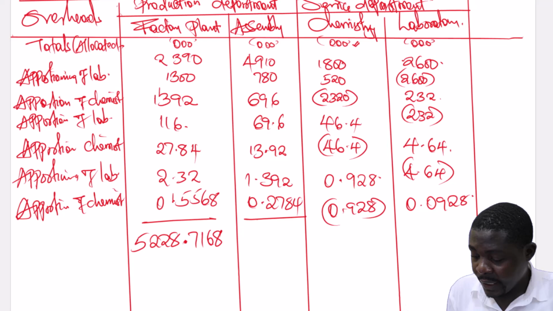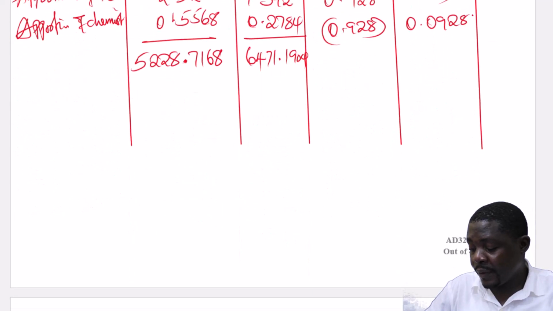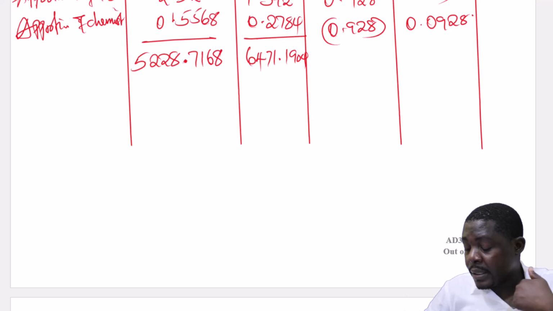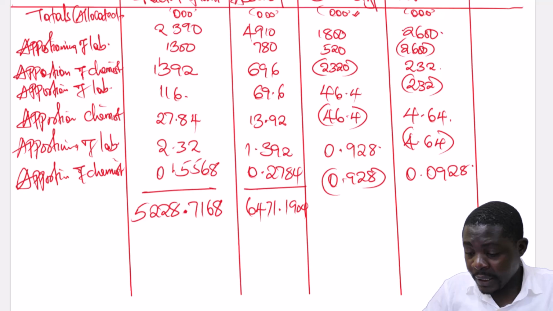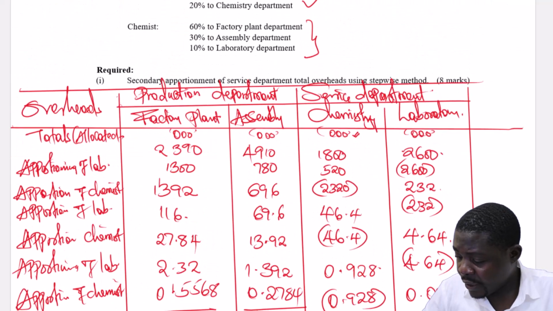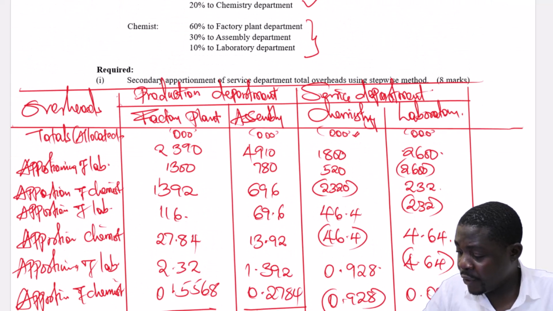In this case you get 6471.1904. Then we are told secondary apportionment for service overhead using the stepwise method.